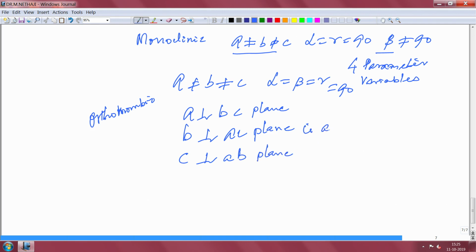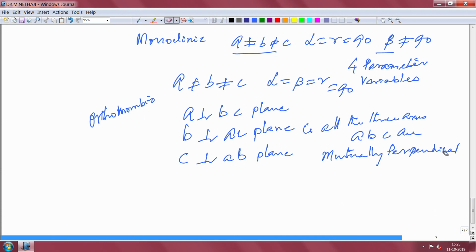That is, all the 3 axes A, B, C are mutually perpendicular, orthogonal to each other.